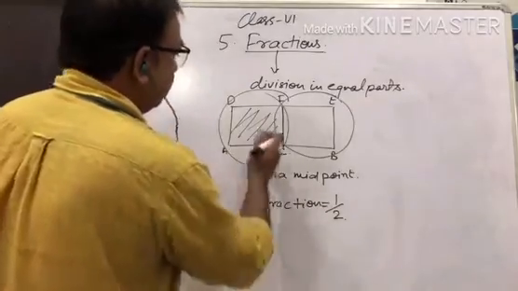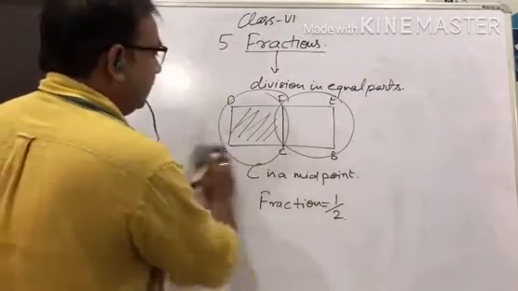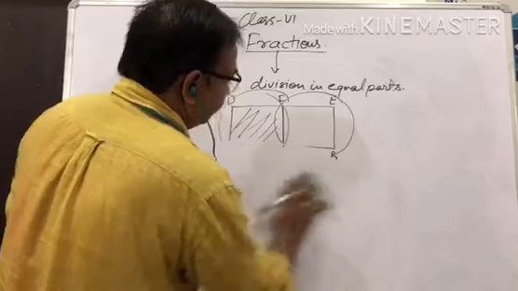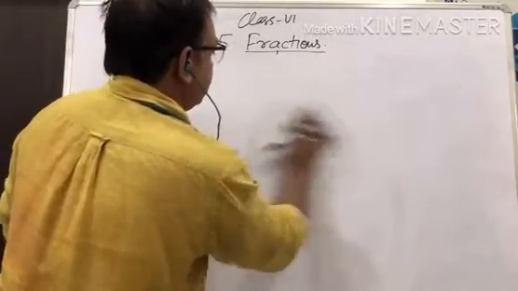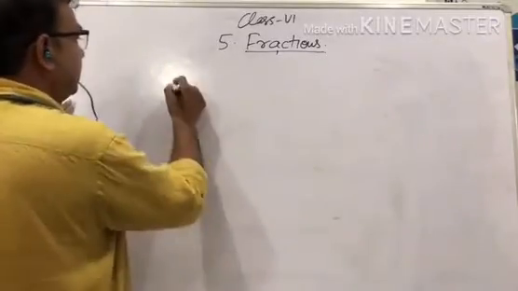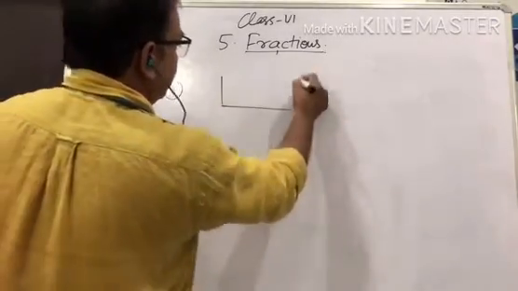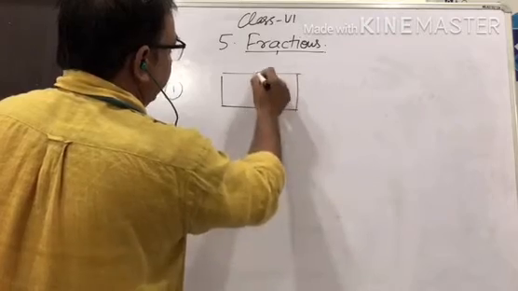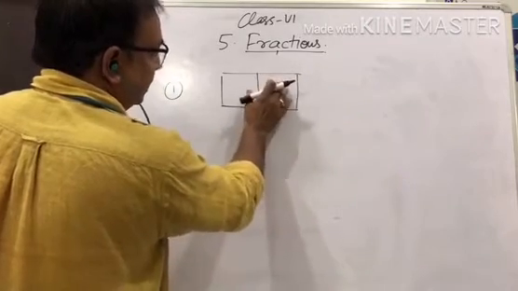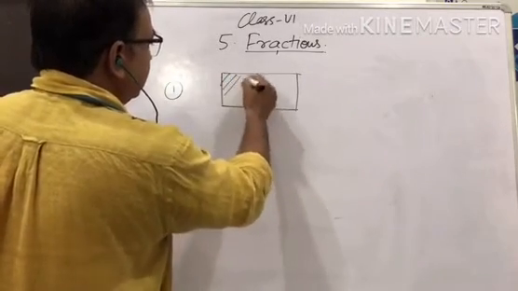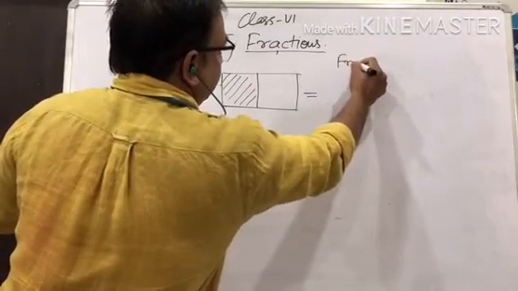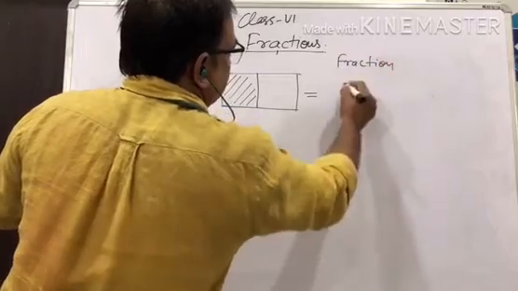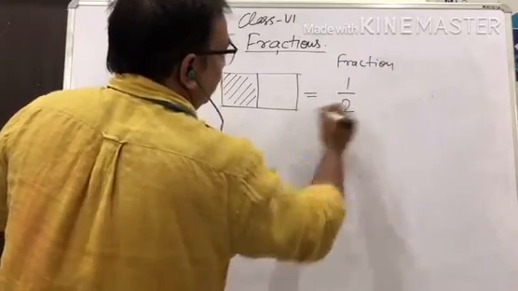So fraction, suppose this is a figure and wait, I draw again. First, if this is a portion, I divide it into two equal halves, and this is the shaded portion. So we can say that the fraction is 1 by 2.